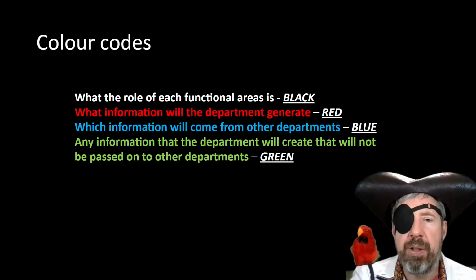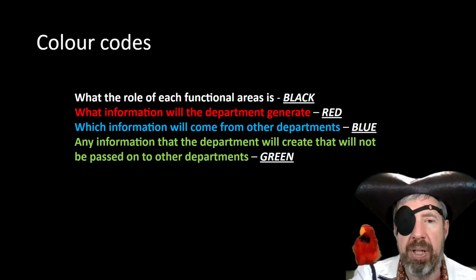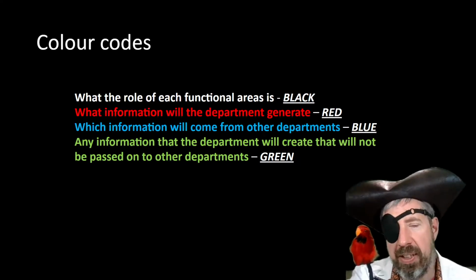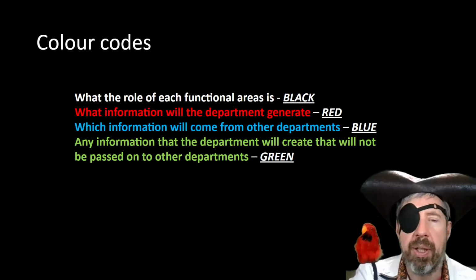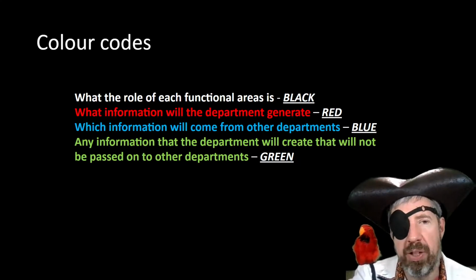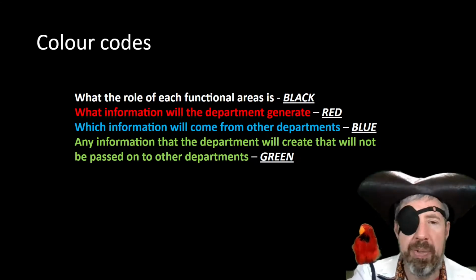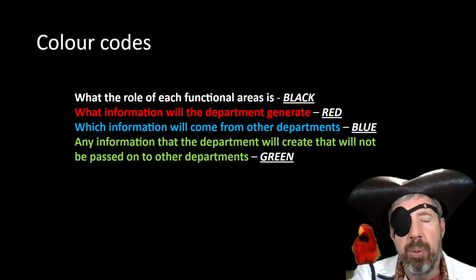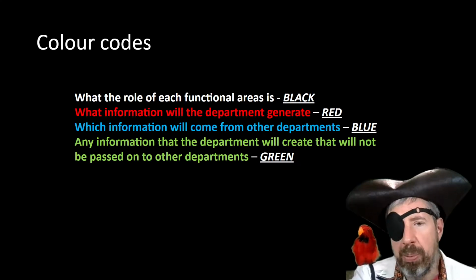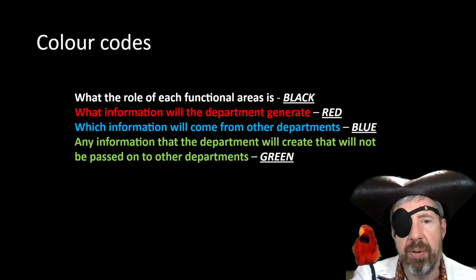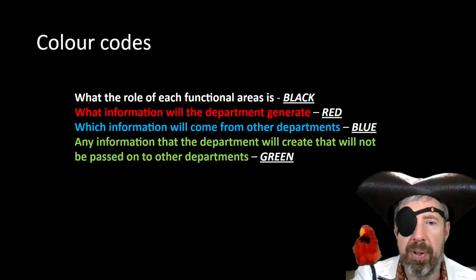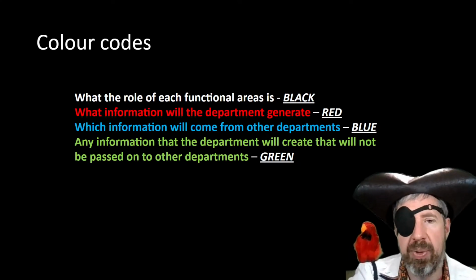So if you used red, that would be information that department would generate. So maybe the sales department would generate sales figures, or the personnel department would generate timetables of personnel. The blue is which information comes from other departments. So you might have information coming in to a department, like a holiday request comes into personnel.